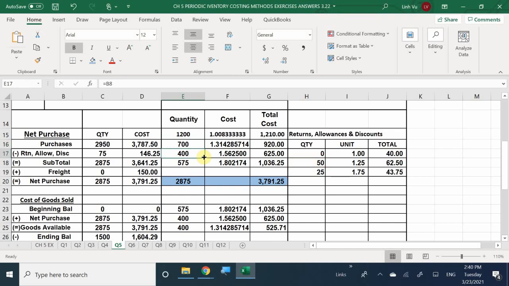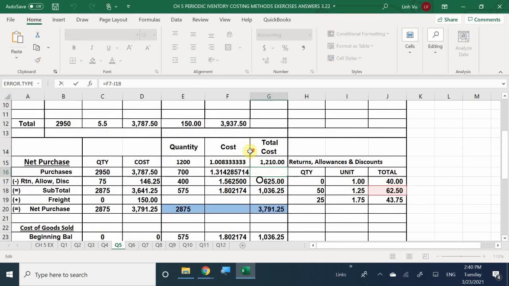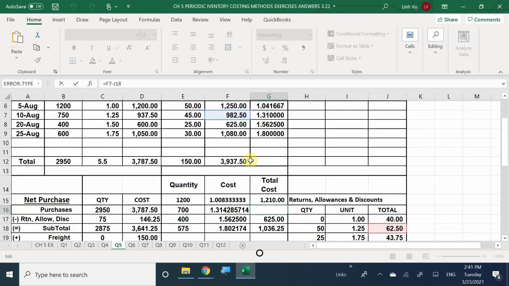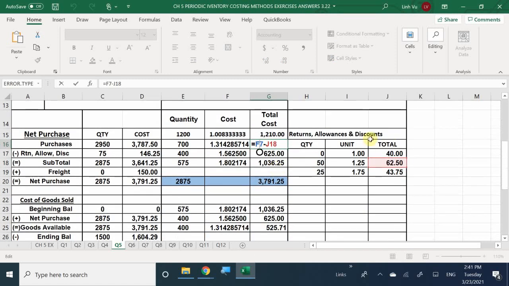Right. And because we had to make an adjustment, not only did it affect quantity, it affected the total cost as well. So here I had to recalculate what my actual total cost was by taking my original $982.50 and subtracting out what I got refunded for to get $920.